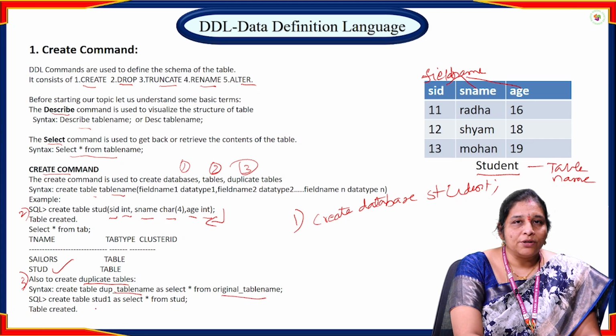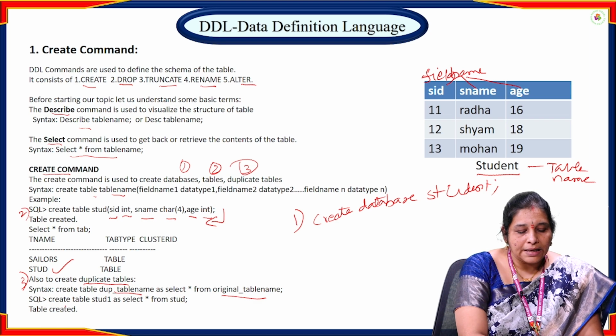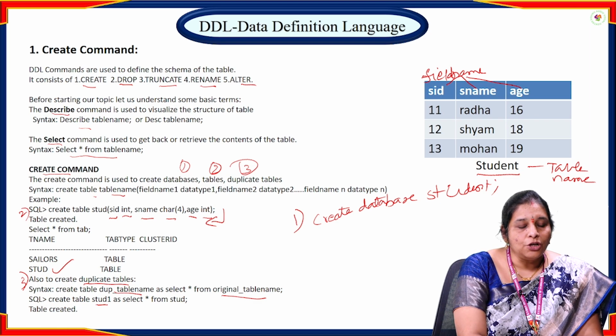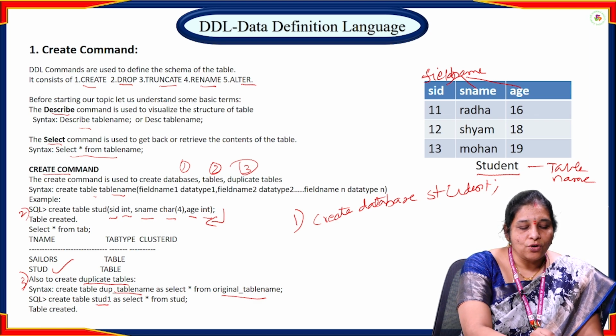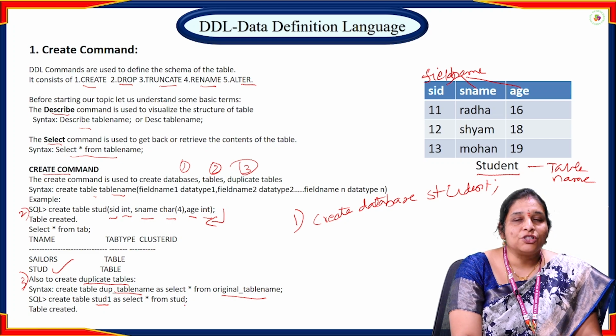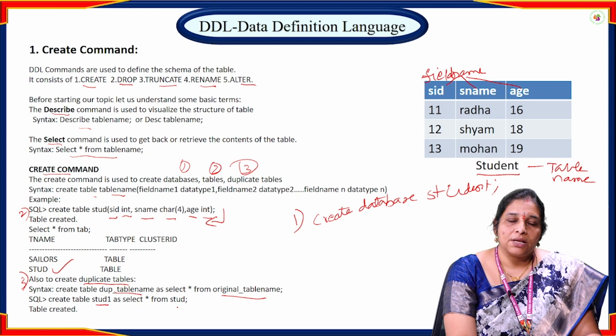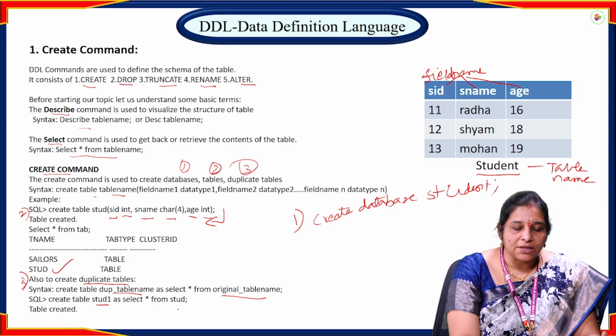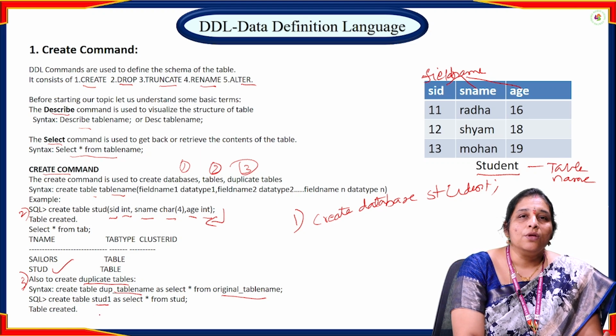Here I am going to create one duplicate table, create table stud1 as select star from stud, since the original table name is student. Whatever structure or values are present in student will now be copied to stud1.